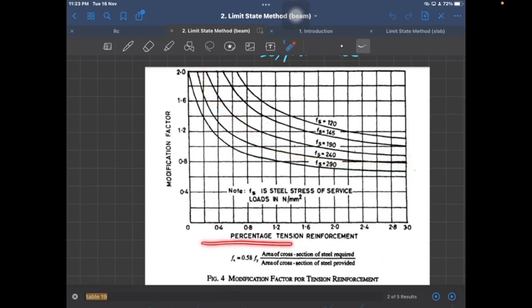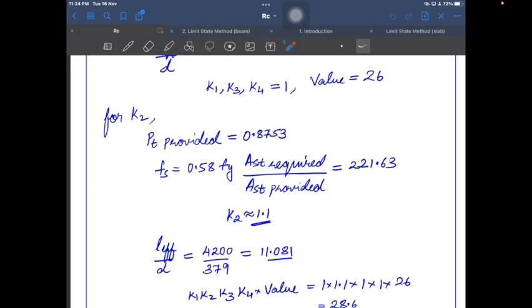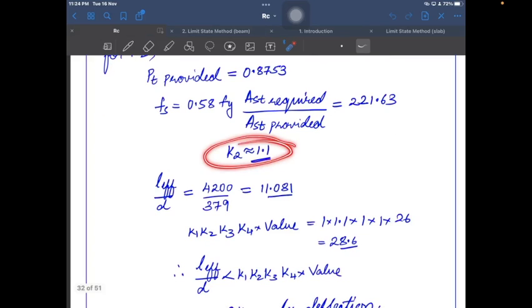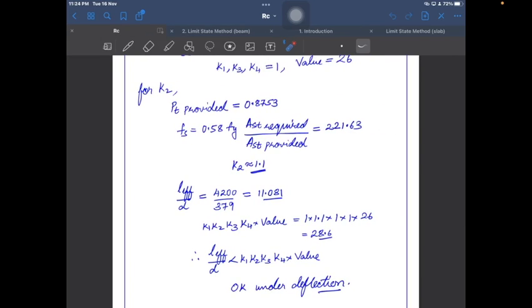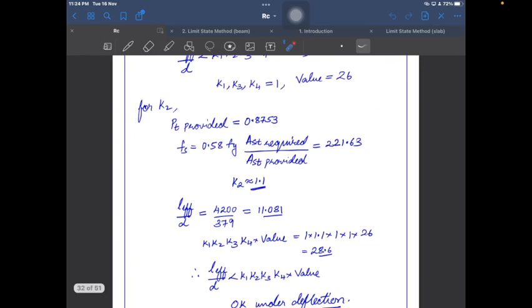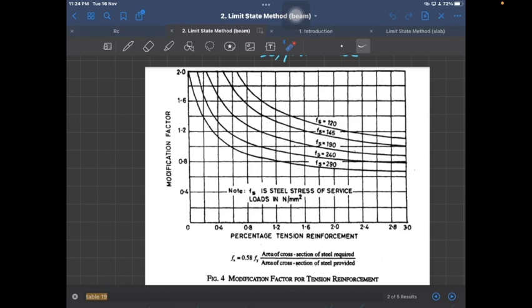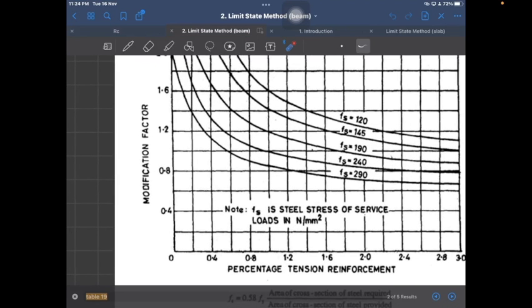Based on the percentage of tension reinforcement, you have to mark the modification factor on the Y-axis. That will be K2. So based on my 0.8753 and 221, 0.8753 will be somewhere like here, and 221 somewhere here.